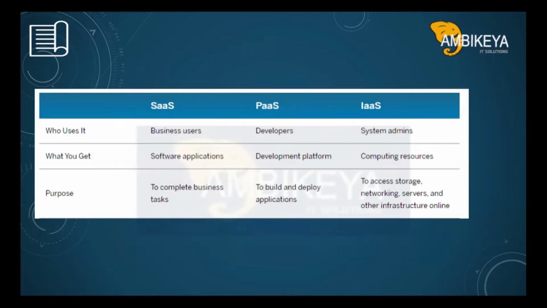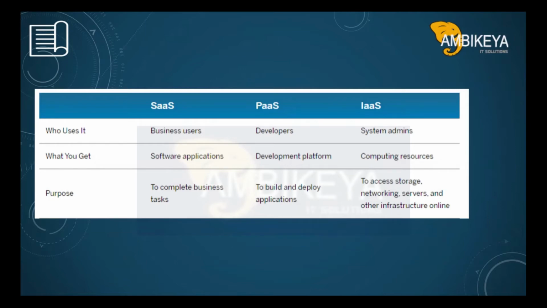Now, this is the same thing I have given as an example, and who uses it? SaaS, like software and all, the business user is basically using it. PaaS is for developers, and IaaS is for system admins. What do you get? For SaaS, it's a software application.